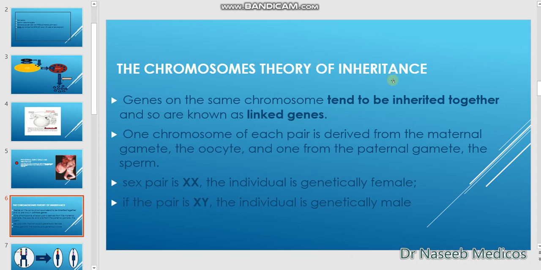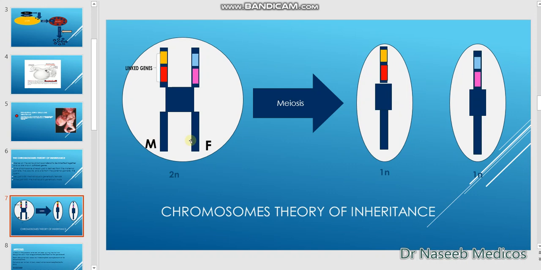The chromosome theory of inheritance. What is the chromosome theory of inheritance? From this figure you can understand that this is a diploid cell containing two copies, one from mother and one from father, and these are the genes present on each arm of the chromosome. This is actually a somatic cell, or you can also say a primordial germ cell. So there are linked genes.